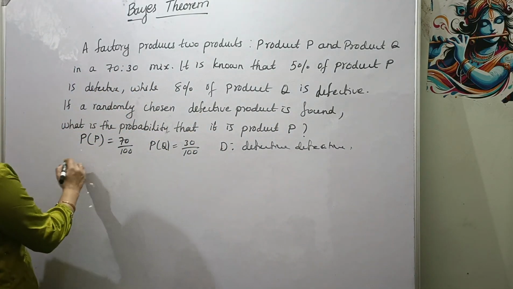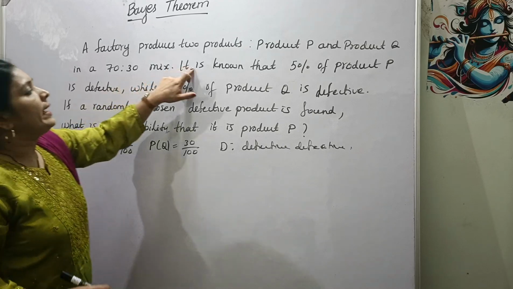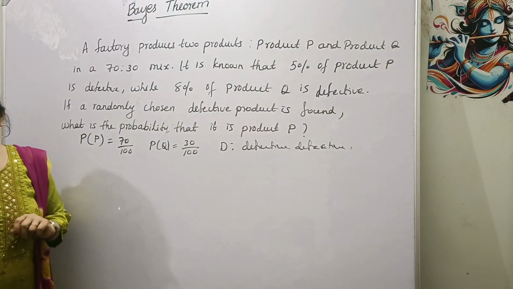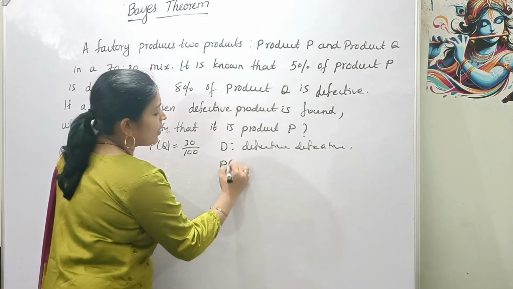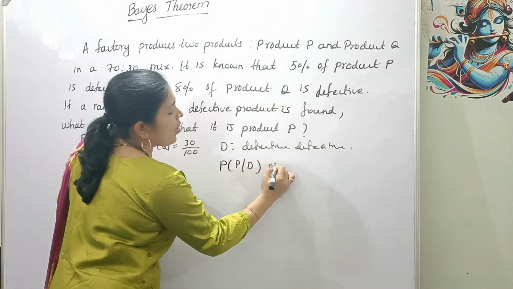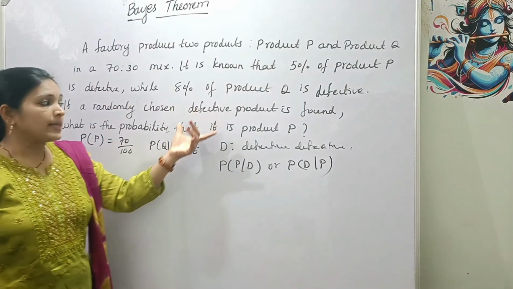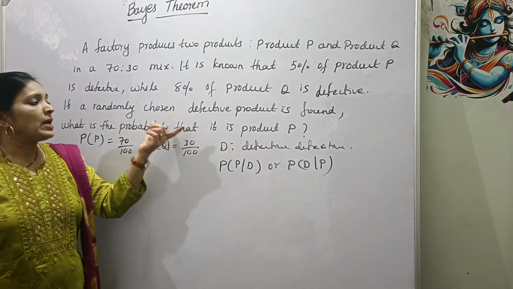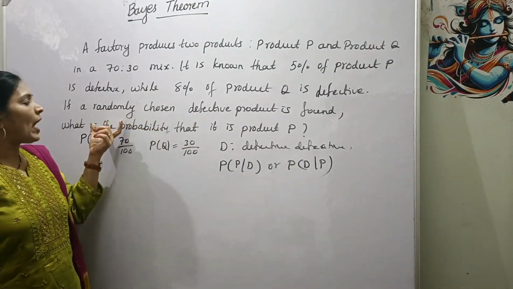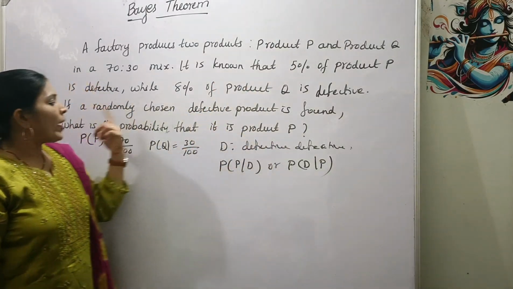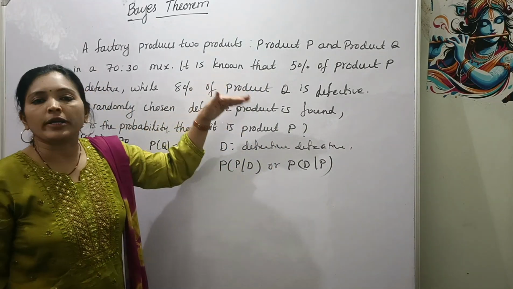Next, see what is given. It is known that 5% of product P is defective. Is it probability of P given D or probability of D given P? Look at our question first of all. See what we have to find. If a randomly chosen defective product is found, what is the probability that it is product P?